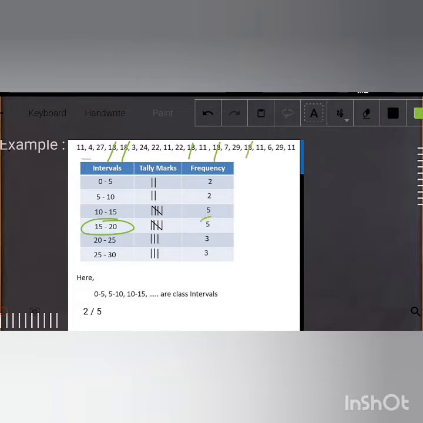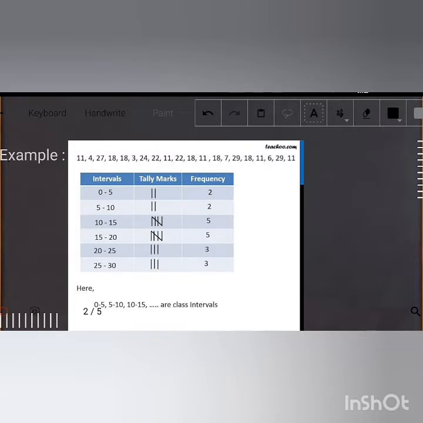There are 5 numbers again, so we have taken frequency as 5. Now let us check 20 to 25. There are 24, 1, 2, 3. There are 3 numbers, so we have taken frequency as 3. And for the last class also there are 3 numbers, so we have taken frequency as 3.